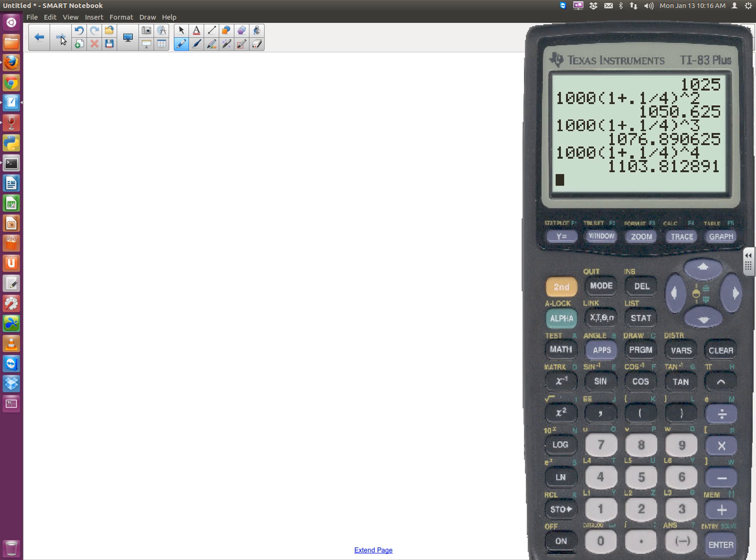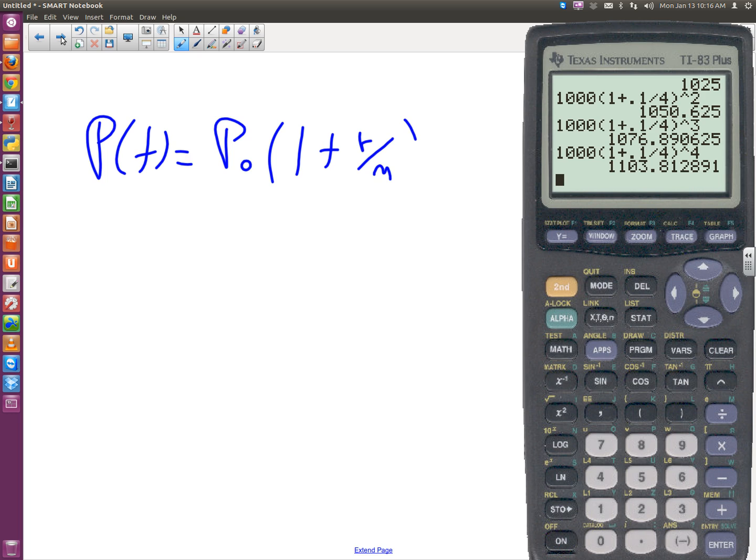That in general, your principal over T years is the initial amount, P0, the initial principal that you have, times 1 plus the interest rate over N, to the NT. What does that mean? N is the number of compoundings, like in this case, 4 times a year. And NT is the total number of compoundings altogether, including T years. 1 plus R, the interest rate.